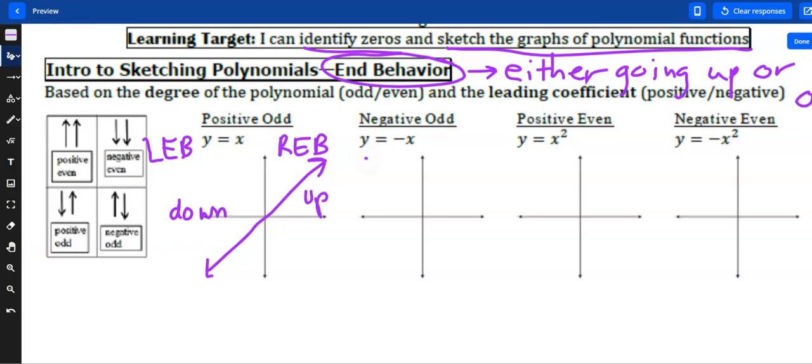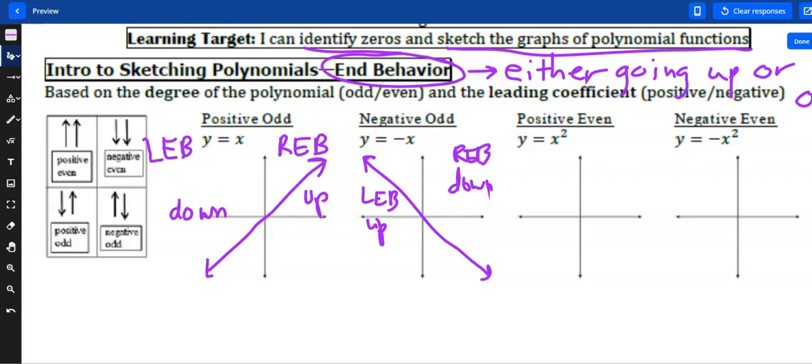Well, if it was negative odd, it goes like this, right? Negative 1 for the slope, down 1, right 1, down 1, right 1, goes through the origin. So it's got a right end behavior which is down, and a left end behavior which is up.